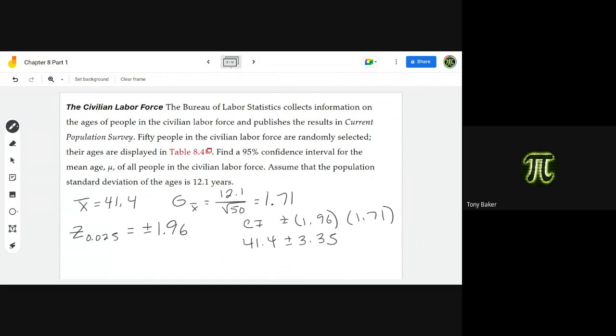We get 38.05 to 44.75. And we're 95% confident that it falls somewhere between those two values.